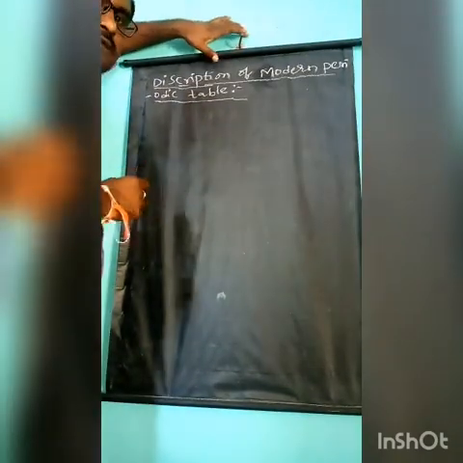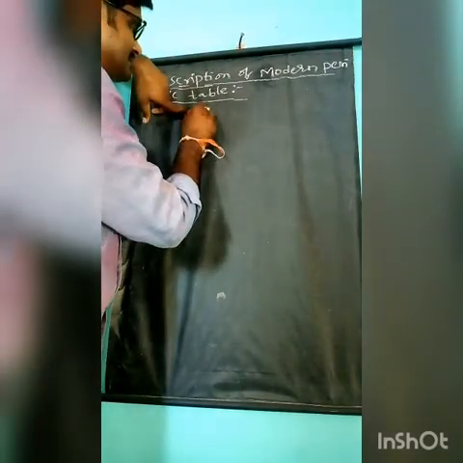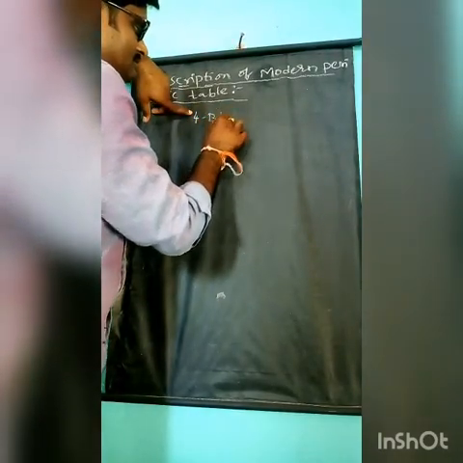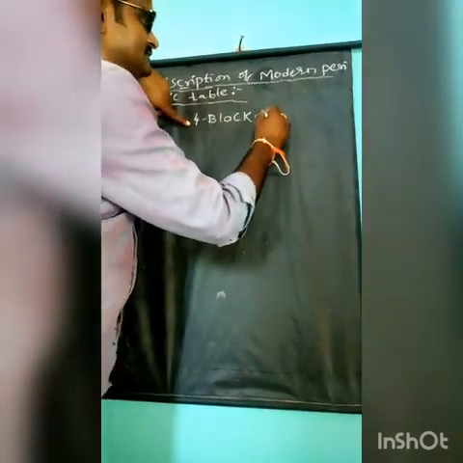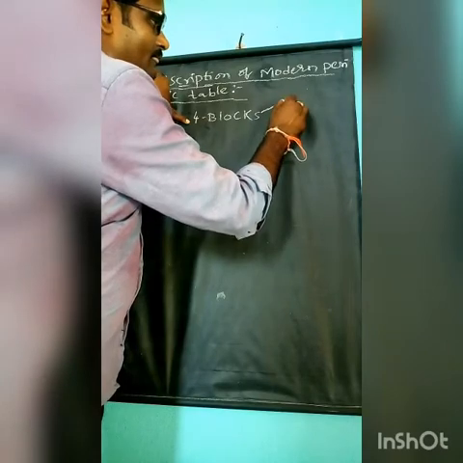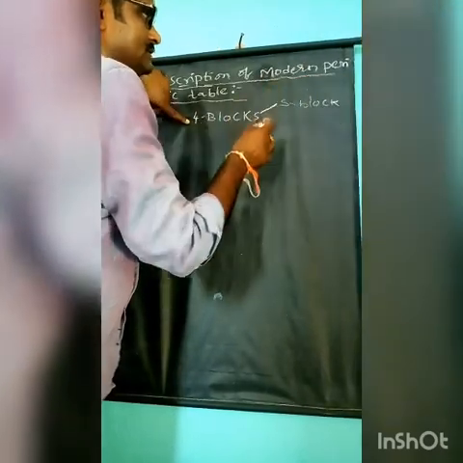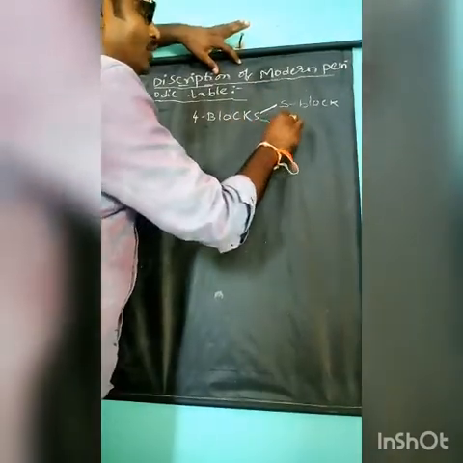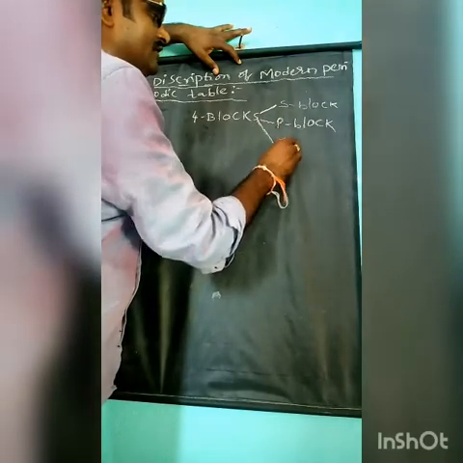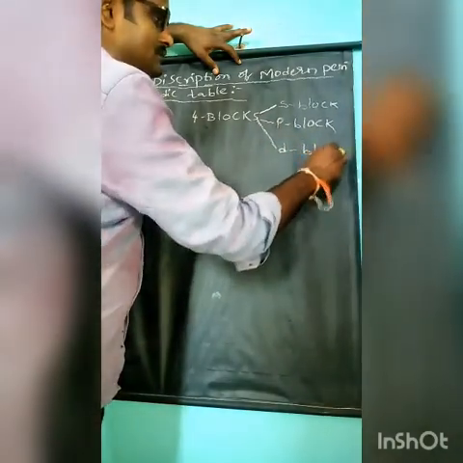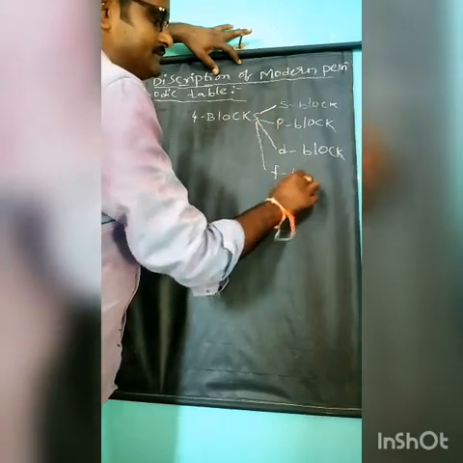So the modern periodic table is classified into 4 blocks. These blocks are S block, P block, D block and F block.